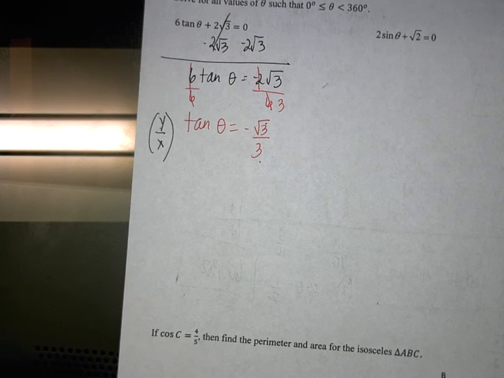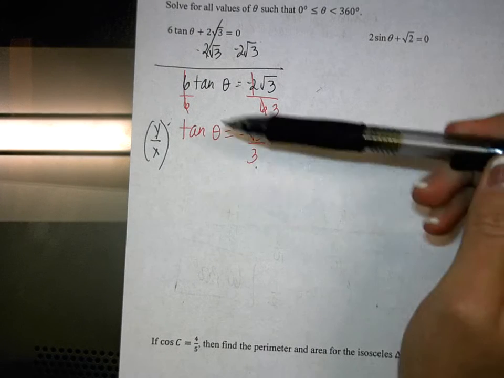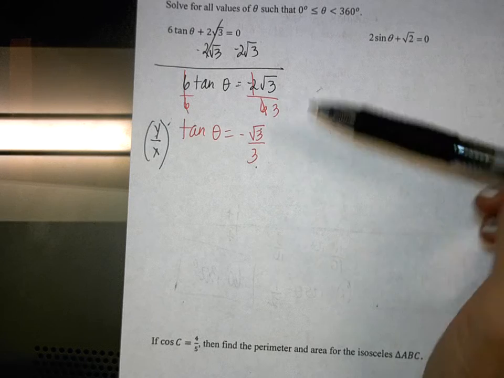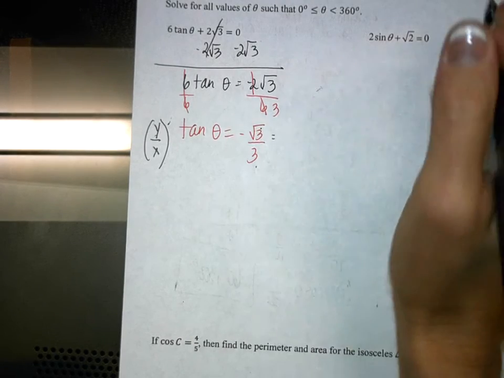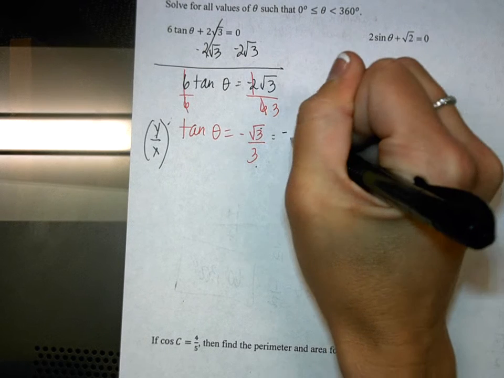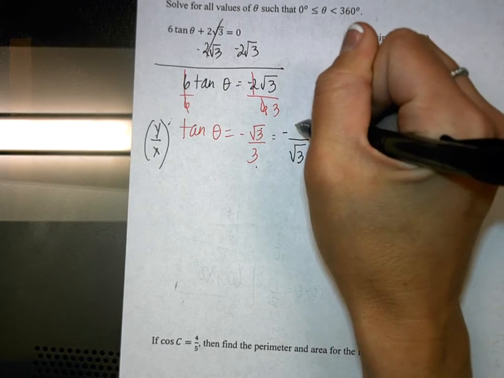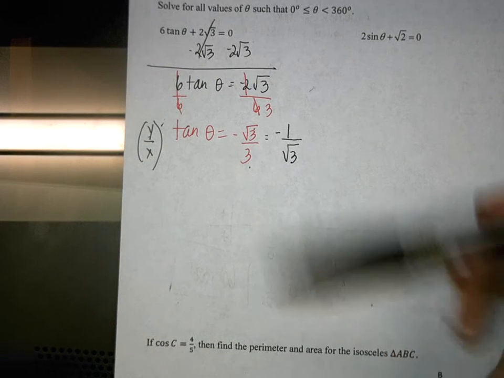And because we need our original y value and our original x value, we want to undo the rationalization here. So if this was not rationalized, what would it actually be? The root 3 would be on the bottom, and what would be on the top? Good. Are you guys okay with this?